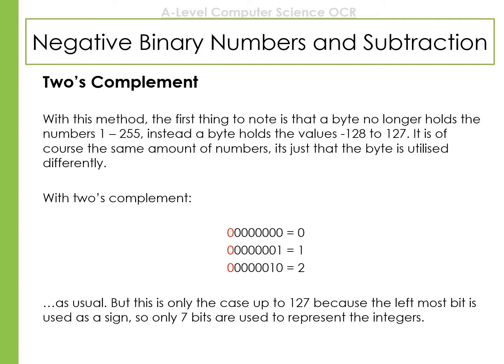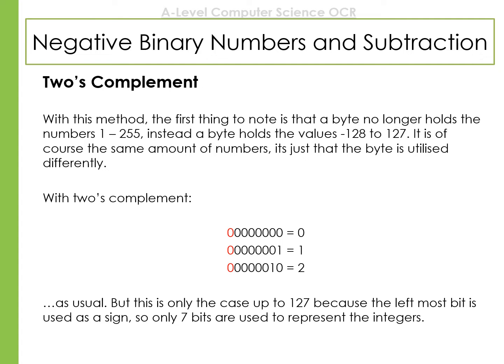It's the same amount of numbers that we're using, but we're using the byte slightly differently. So with 2's complement, we'd keep 0 as you'd expect it to be, 1 and 2, and we'd count upwards as we would normally, but in this case, only up to 127.